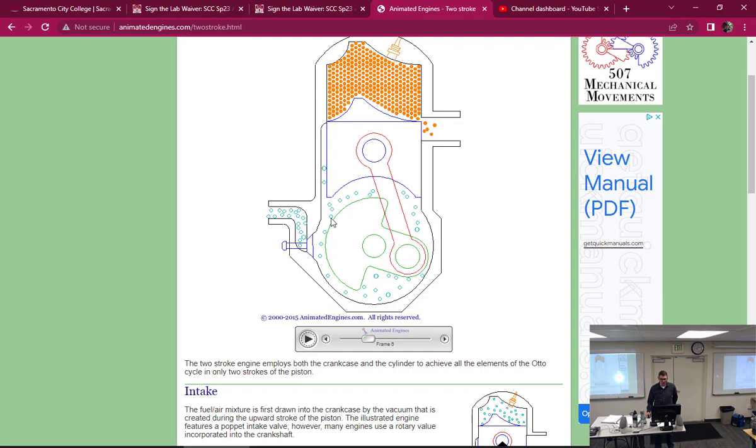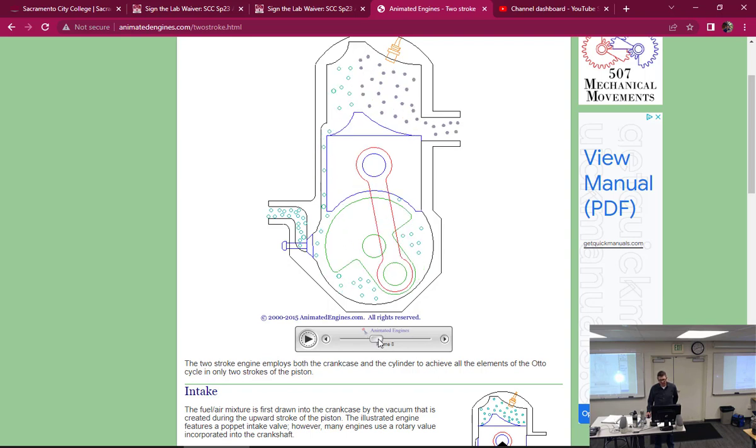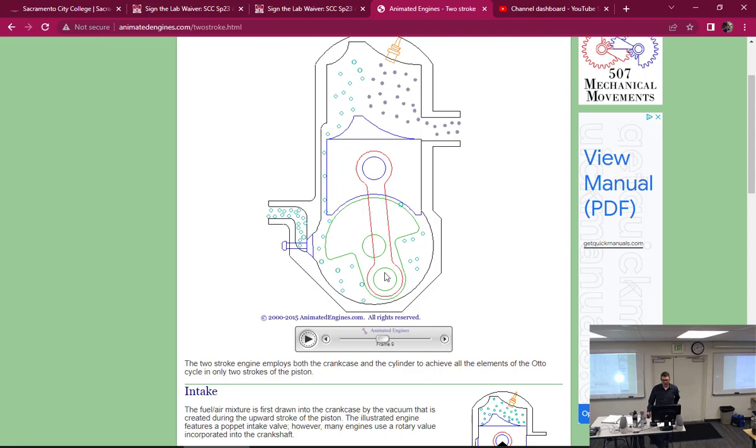Compression is happening right down here. As the piston moves down, it's compressing inside of the crankcase. And it's going to compress, compress, compress, and then it unports this, and now it's pushing all of this back up in here. That's not really compression. I shouldn't say that. It drew it in, and now it's forcing it up is more appropriate. And so we get to right there where the fresh fuel air mixture is coming in. At the same time, it's pushing out the exhaust.